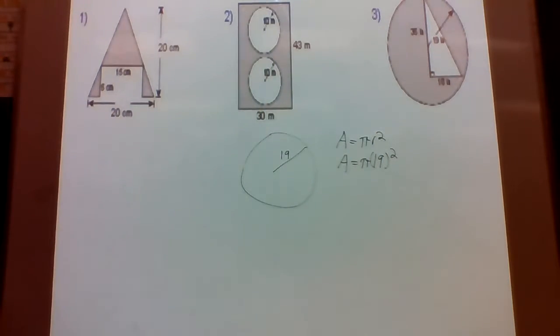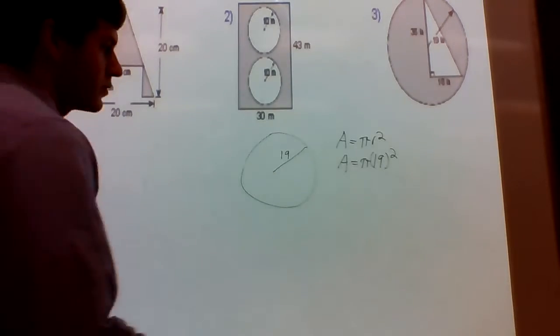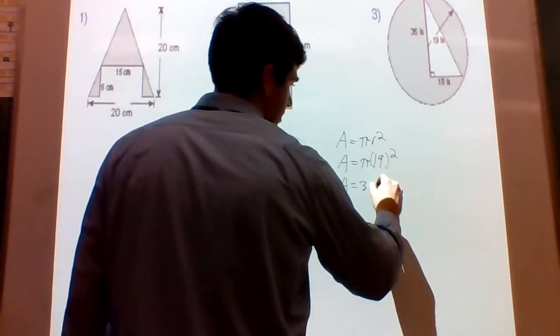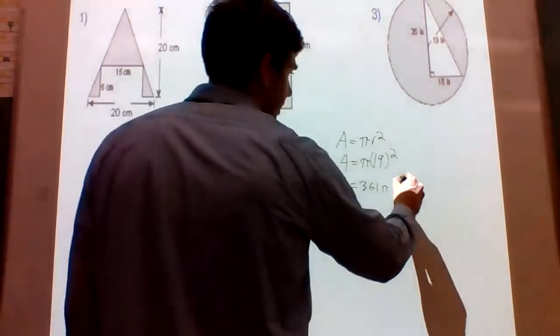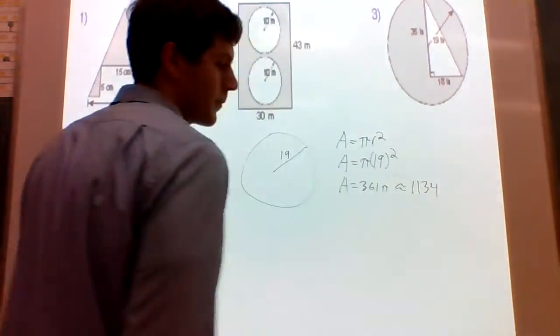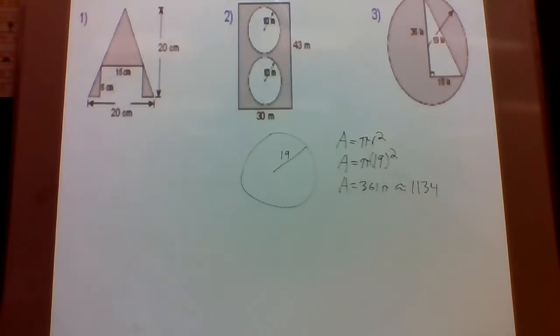If we put that in the calculator, I'm not going to do that in my head. 19 squared is 361, so it's going to be 361 pi, which should put us at approximately 1,134. Again, we're rounding.